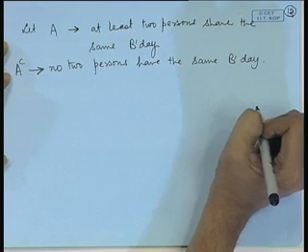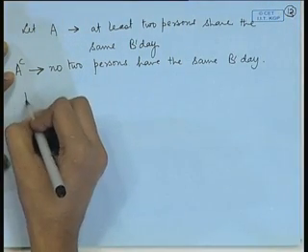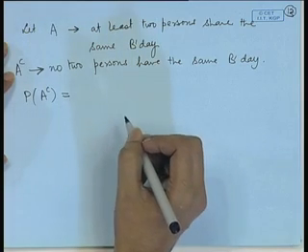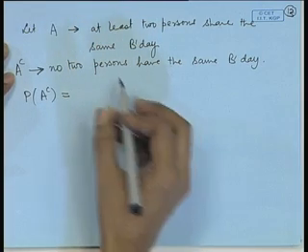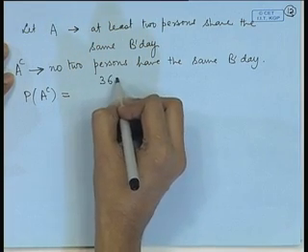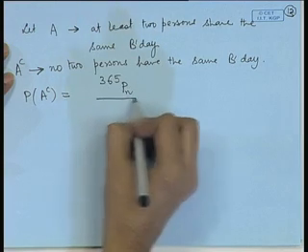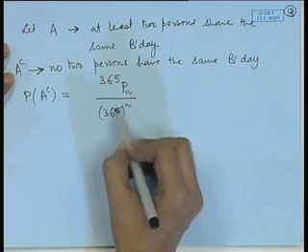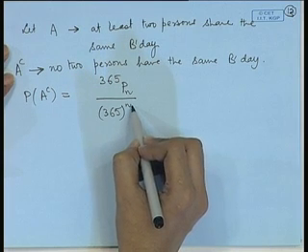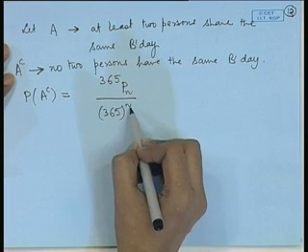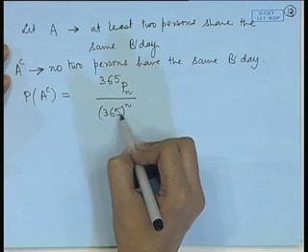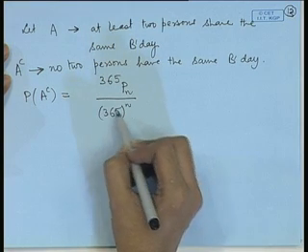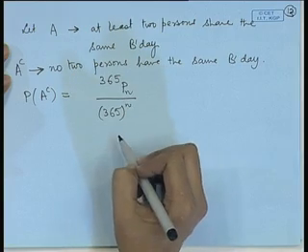Now this becomes somewhat simpler, because if we look at the probability of A complement, assuming all the birth dates to be equally likely, this number will be simply 365Pn divided by 365 to the power n. Here the denominator denotes the total number of possibilities for n persons to have birthdays, because each person can have any of the 365 days as a possible birthday, and therefore n persons can have possible number of birthdays as 365 to the power n.